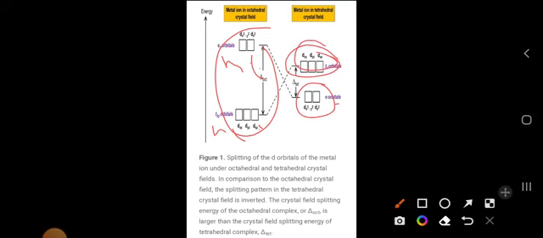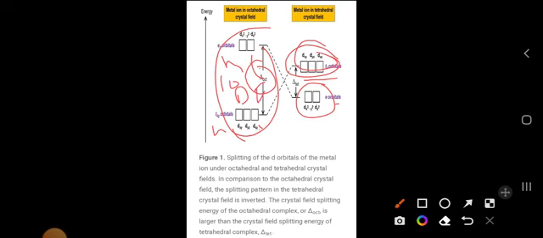This is just opposite to the octahedral field. This is the barycenter or center of gravity. The energy difference is denoted delta naught, or 10 Dq.